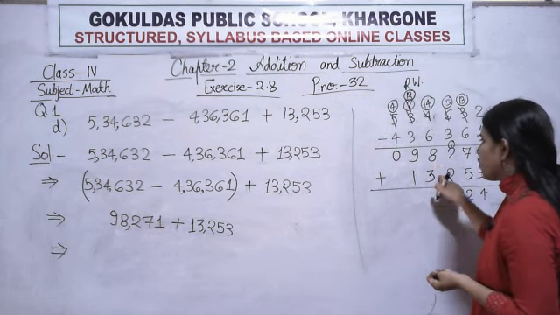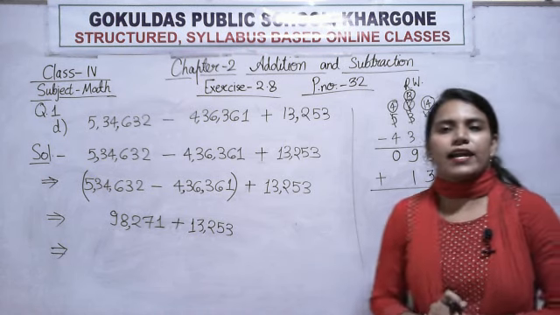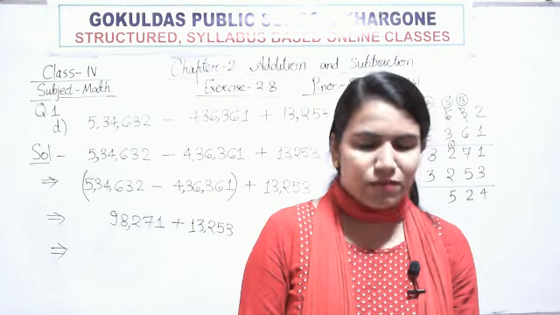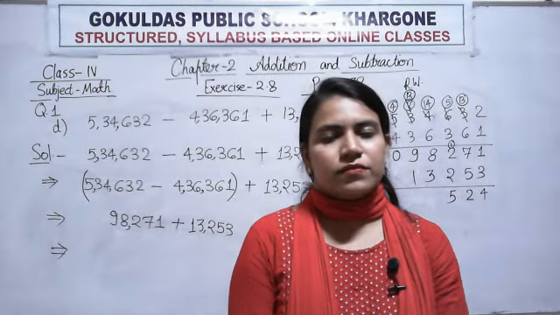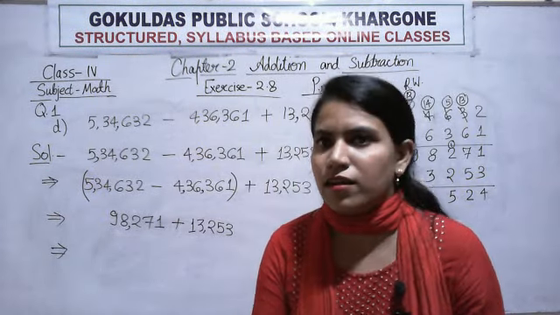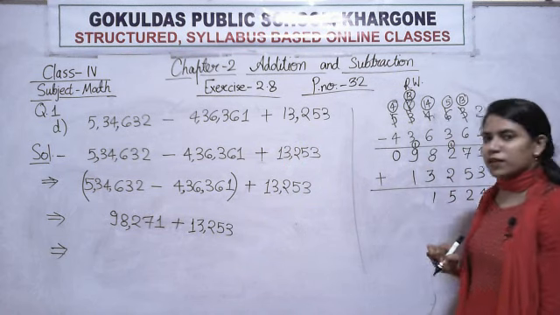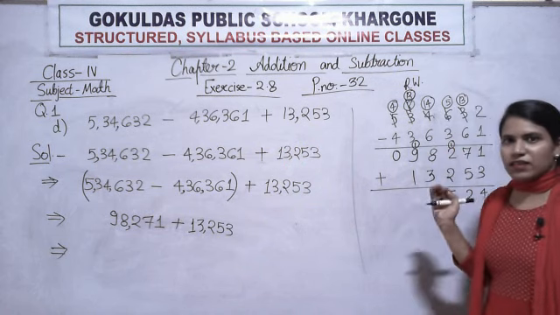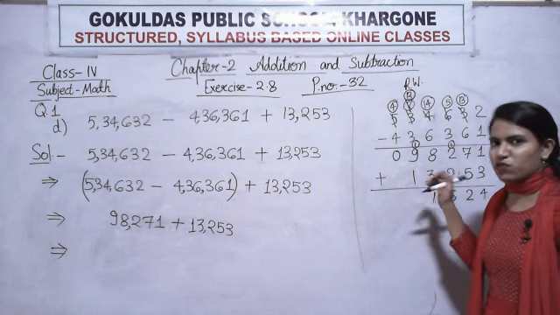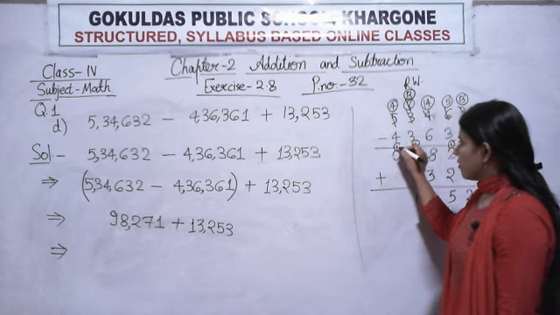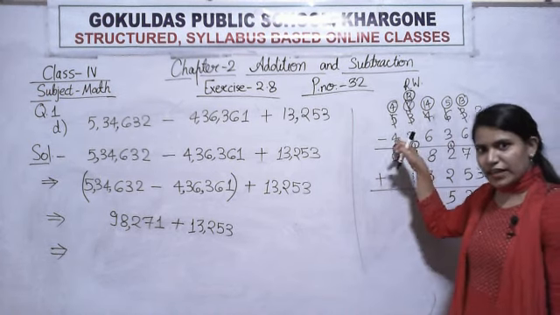Now solve the next column. 8 plus 3. Tell me the answer. 8 plus 3, 9, 10, 11. So write 1 over here. 1 will be regrouped with the next column. Now 1 plus 9 is 10, and 10 plus 1 is 11. So you will write 1 over here. 1 will be regrouped with the next column.